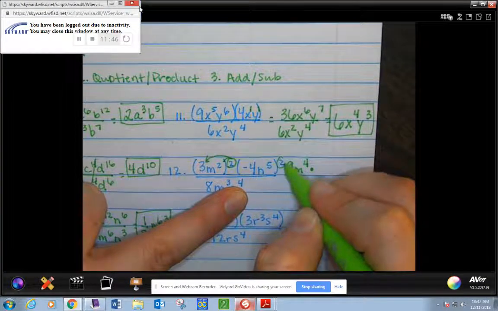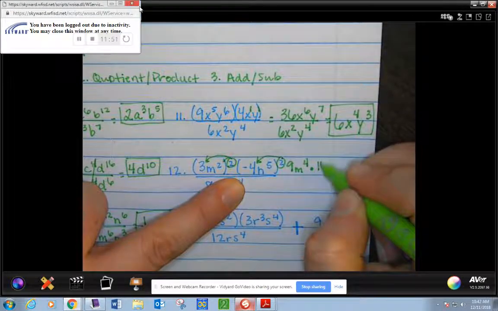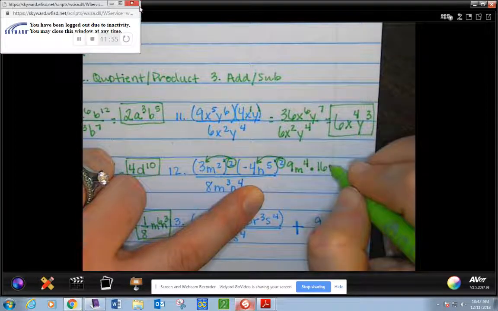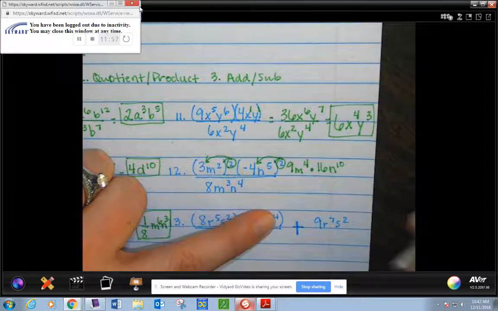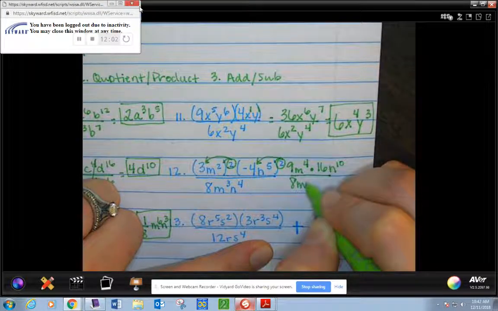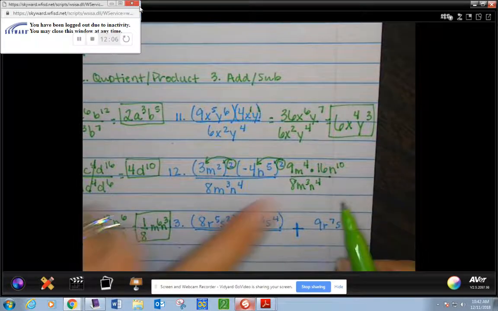Then I take the negative 2 and I bring it into the 4. So negative 4 squared is 16. And 2 times 5 is 10. So n to the 10th. And this is still all divided by 8m to the 3rd n to the 4th. Okay, now I have to do my product rule.